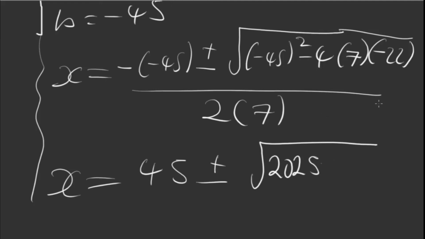Then you have negative 22, there's negative 4 times 7 negative. So there are two negatives here, friends, which means this will be positive. So let's now do 22 times 7 times 4. You should get something like that. And then this is 14.